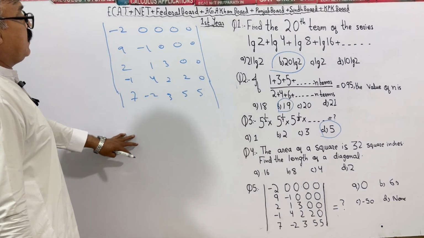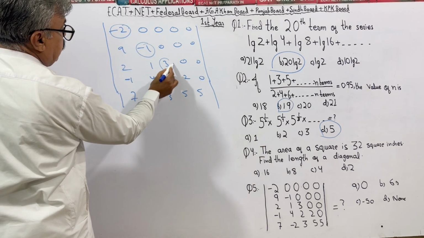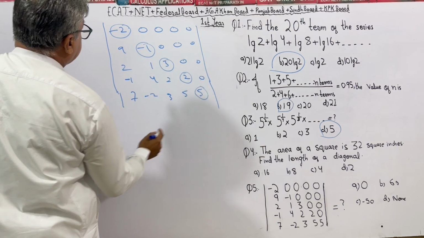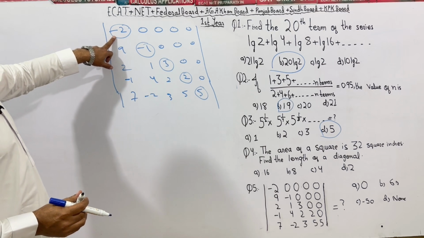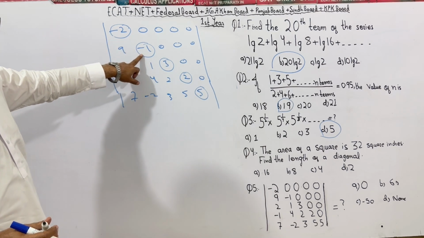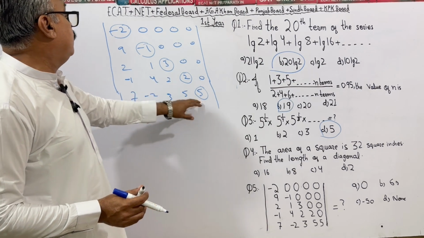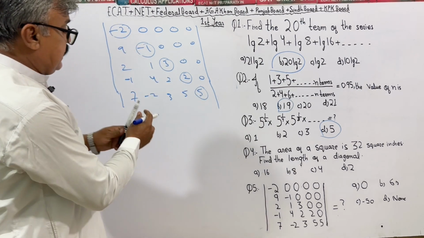It's a lower triangular matrix. These are our diagonal elements. How to find the diagonal? First row, first column. Look at their position. First row, first column. The second row, second column. Third row, third column. Fourth row, fourth column. Fifth row, fifth column. The diagonal elements.